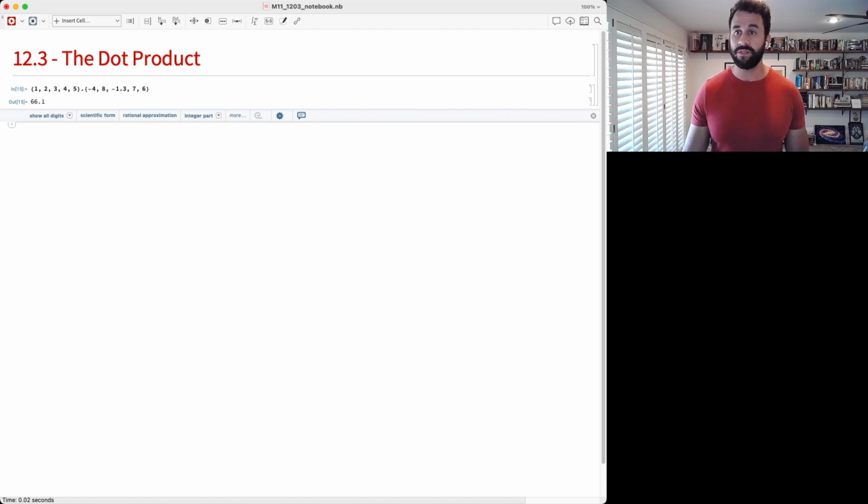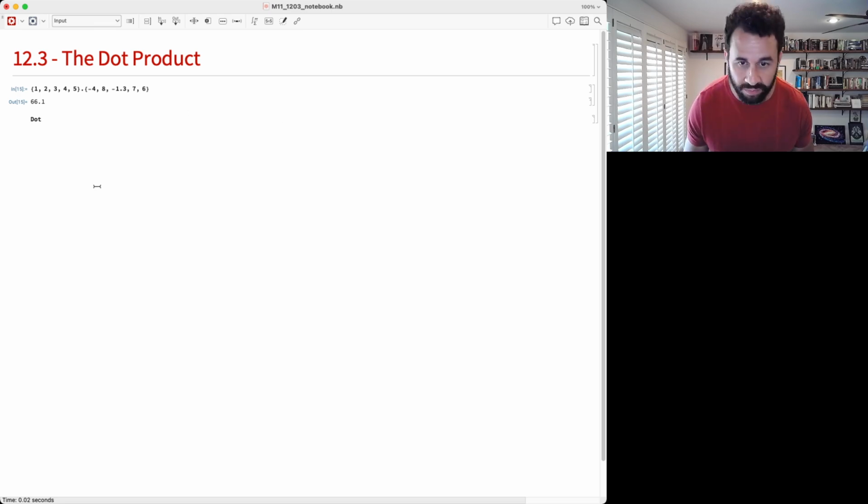You can also use the command Dot. So you could do Dot, and it'll pop up with a list of possible commands that you were trying to type. In this case, Dot is what we want. And we're just going to put these two vectors in there.